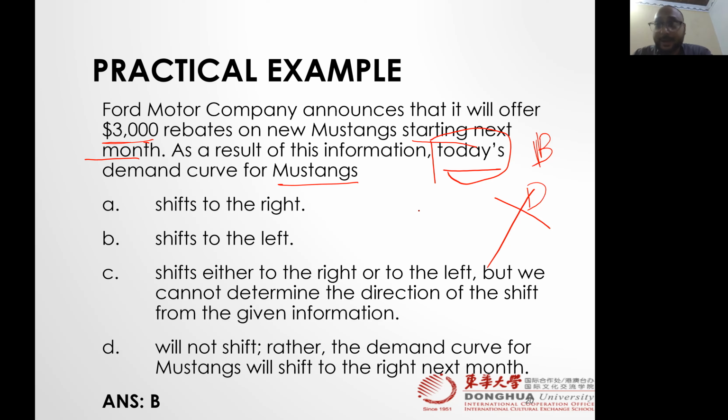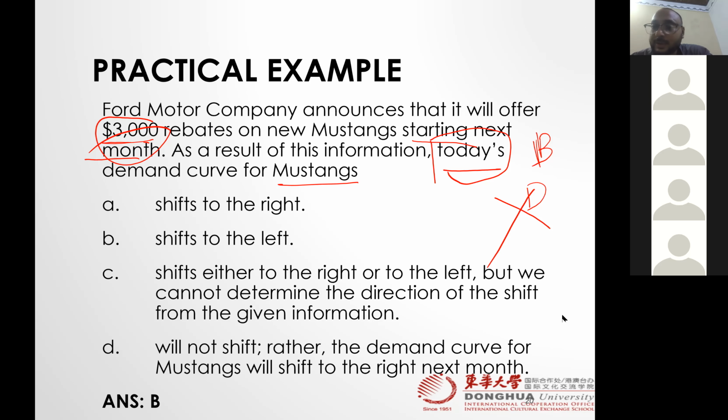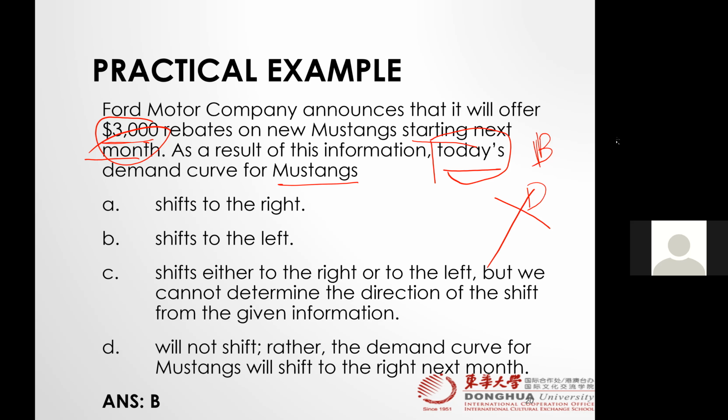Price is not affected in today's terms, but people are not buying today; they will buy next month in hopes to get this $3,000 rebate. So this is a part of expectations, right? So you understand? Venetia, Priscillo, yes. Oliver, right?